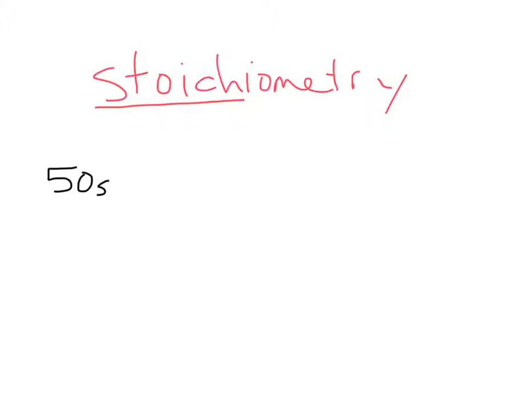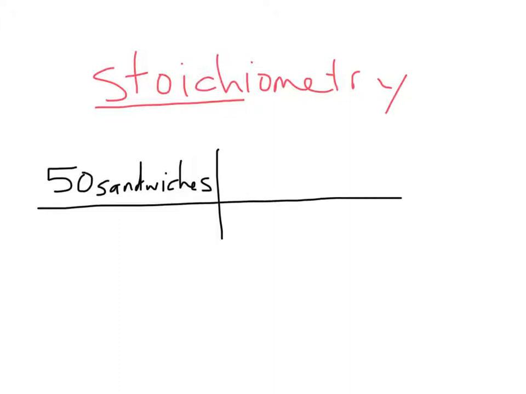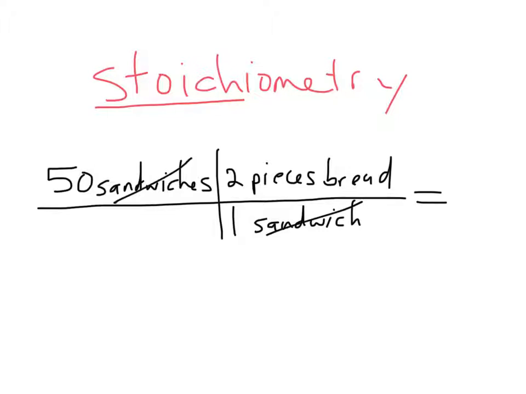Our given was 50 sandwiches, and based on that equivalent statement that I gave you before, we know that 1 sandwich requires or is equivalent to 2 pieces of bread. And so when you solve this, you would take 50 times 2 in order to get our 100 pieces of bread. And like I said, we're going to do something very similar with actual chemical equations and chemical quantities.